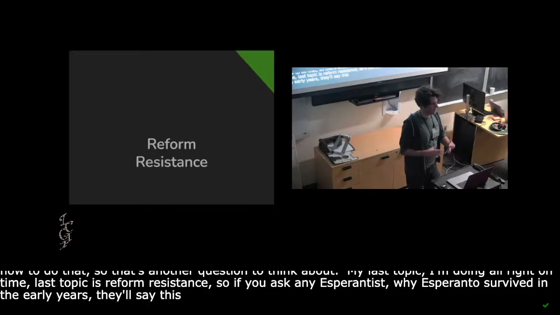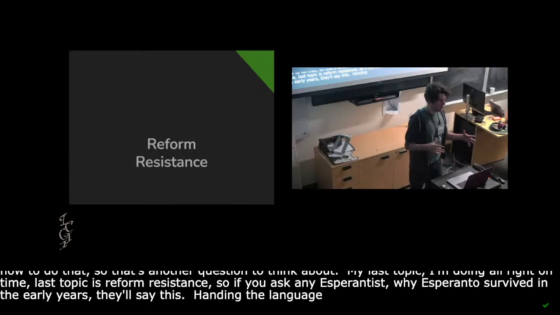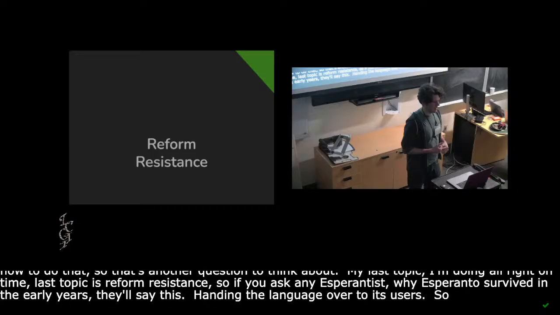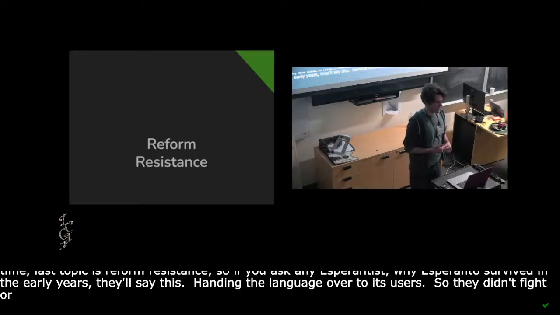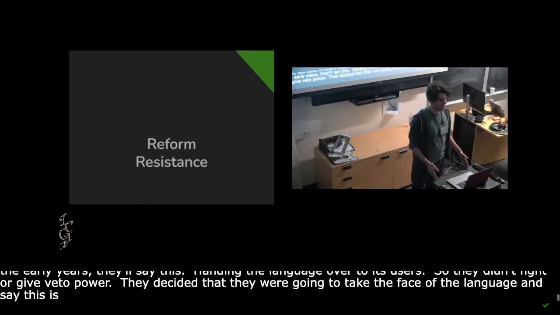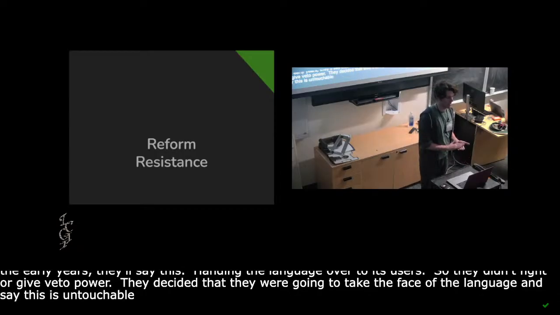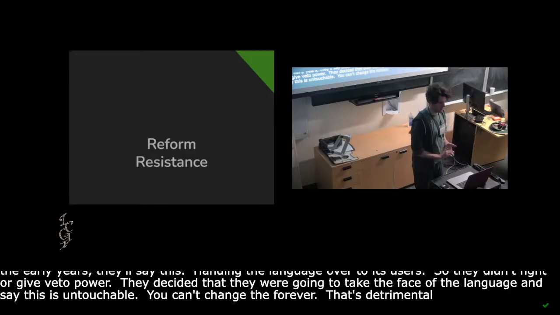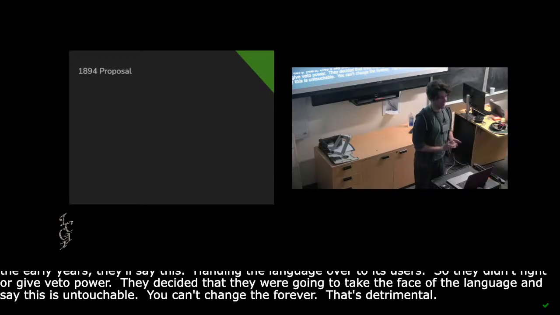So he didn't fight over control or veto power of the language. And the language committee, seeing the fate of Volapük, decided that they were going to take the base of the language and say this is untouchable. You can't keep changing it forever, because that had been really detrimental to the success of Volapük as it fractured into multiple pieces.